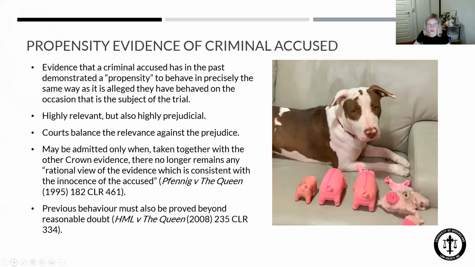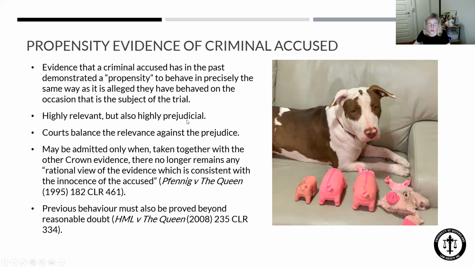So the next big one, which does come up in problems, is propensity evidence. Now, if we were taking Rigby as an example, and he was on trial for beheading a toy pig, then potentially you could elicit evidence of all of the toy pigs that he has beheaded in the past.